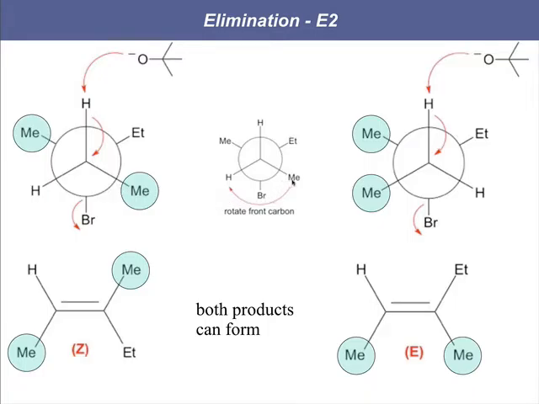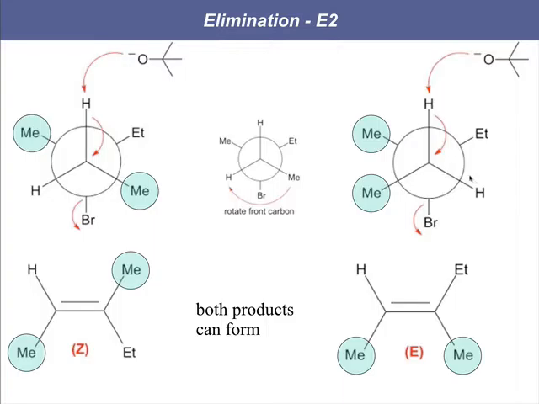I'm going to rotate the methyl group so that it's there, and that hydrogen so that it's there, and that hydrogen so that it's there. I'm going to rotate that entire front carbon and the 3 groups that are attached to it so that we end up with this Newman projection.